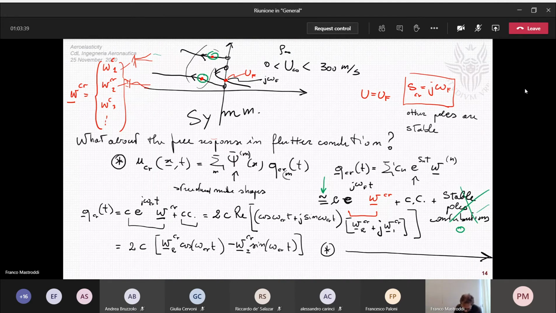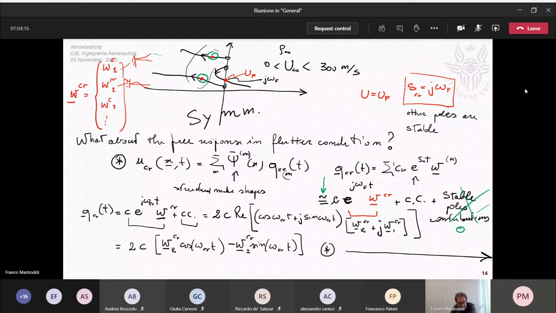E questa coppia dà luogo ad una vibrazione del tipo che abbiamo appena visto, che è nient'altro che una vibrazione con una stessa frequenza, ma nello spazio in grado di sfasare le oscillazioni dei diversi punti del corpo, mentre la vibrazione reale mette tutti in fase i punti del corpo durante la vibrazione.